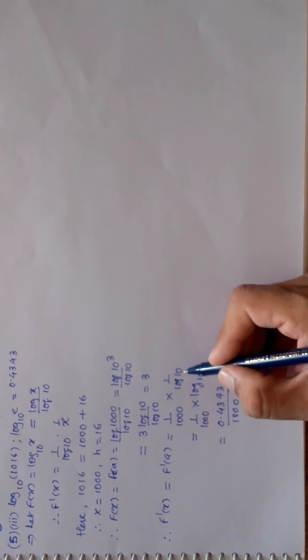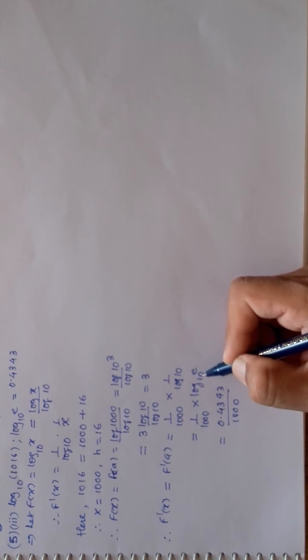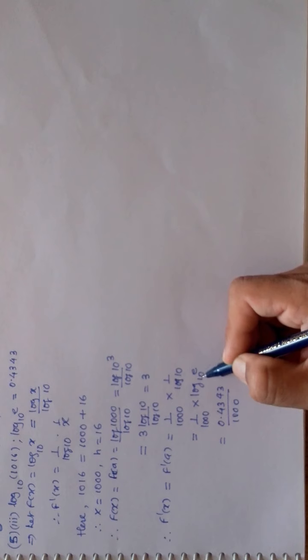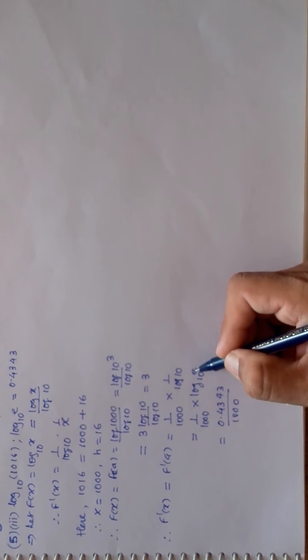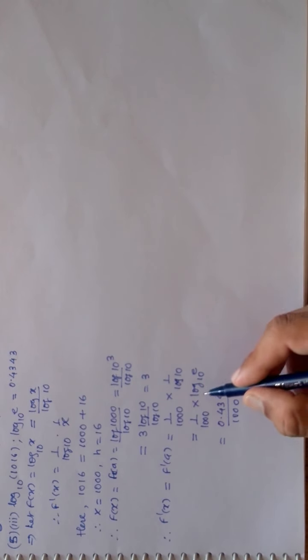Now I think you can see what I had made. This was 1 by log 10 to the base e. So I took it upside, so the base and the logarithmic value become reciprocal, that is this becomes log of e to the base 10, not raised to. So the value is already known to you, so keep it as it is.